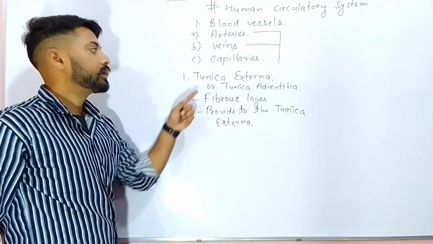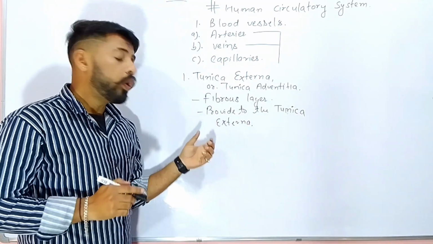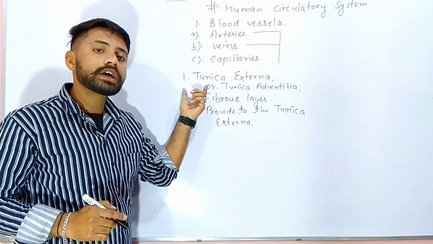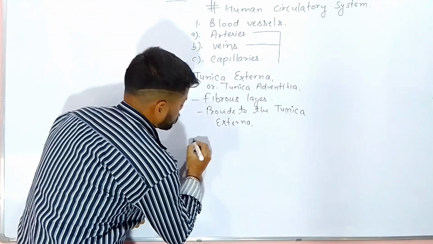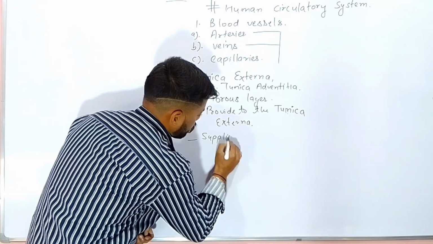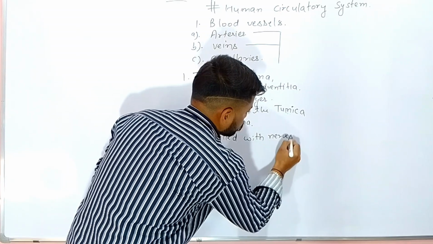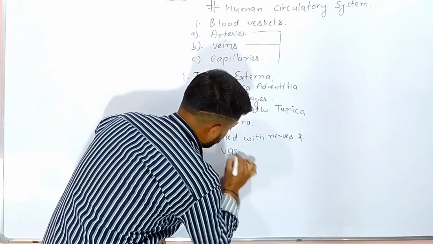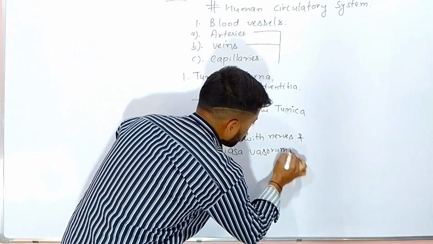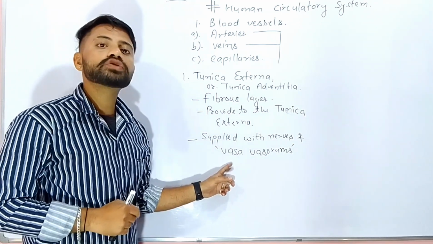This is the layer, the tunica externa or tunica adventitia, which is supplied with nerves and the vasa vasorum. Vasa vasorum are actually the blood vessels of blood vessels.